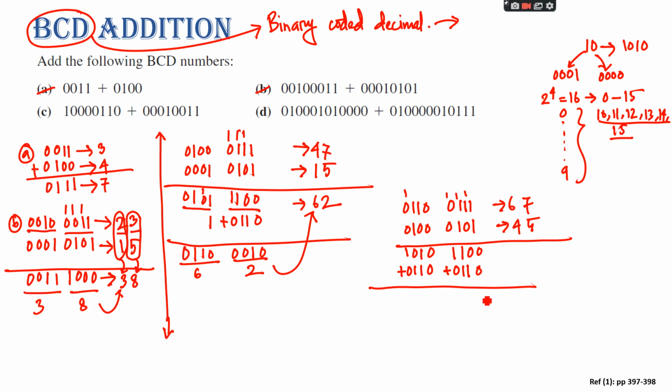So now what do I get? 0 1 0 0, then again this one comes here, 1 0 0 0, then 1.